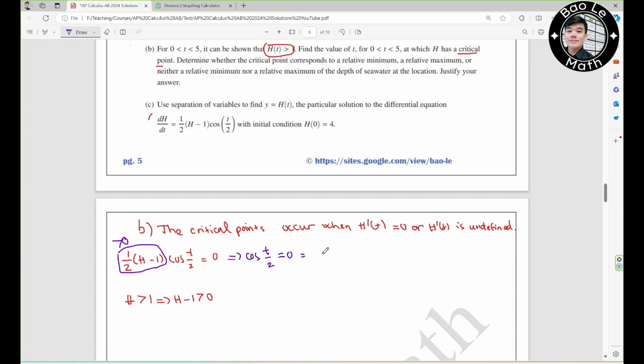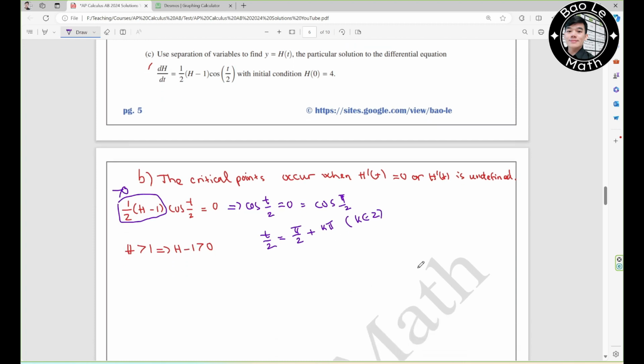But 0 is cosine of pi over 2. So we have t over 2 equals pi over 2 plus k pi, for k an integer, because if we look at the unit circle right here, this is cosine and this is sine.